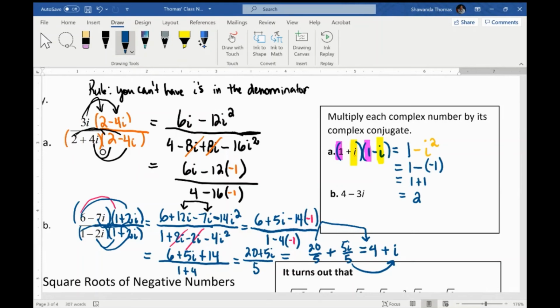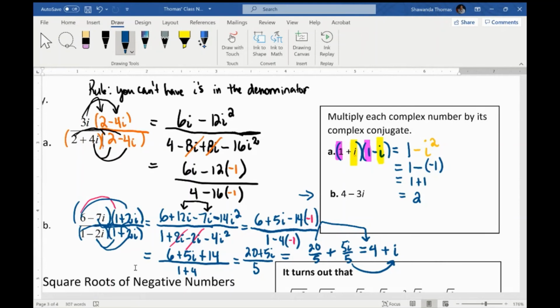All right, let's try this again. B. Other than whoever answered before, what is the complex conjugate of 4 minus 3i? 4 plus 3i. All we're doing to find the conjugate is changing the sign in the middle, or the sign in front of the imaginary part.